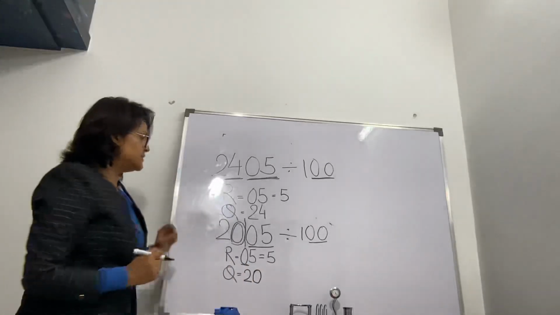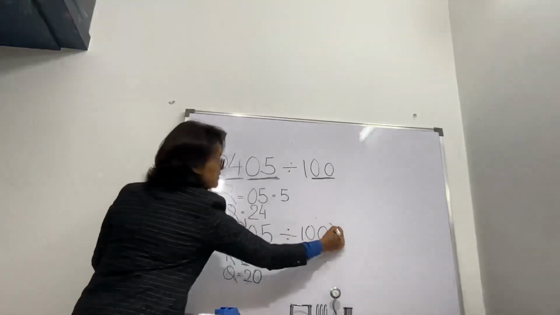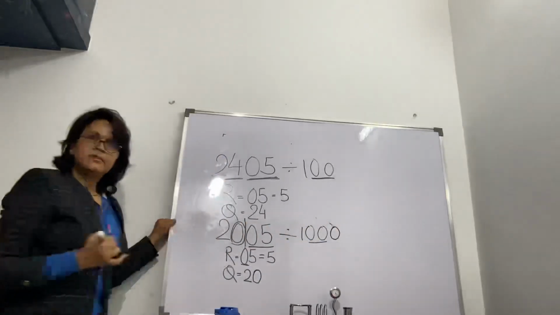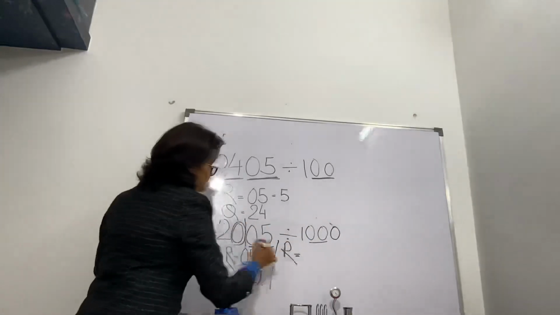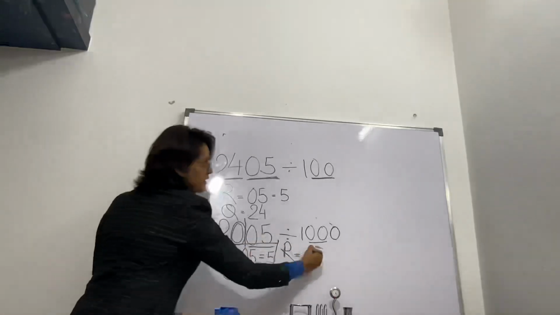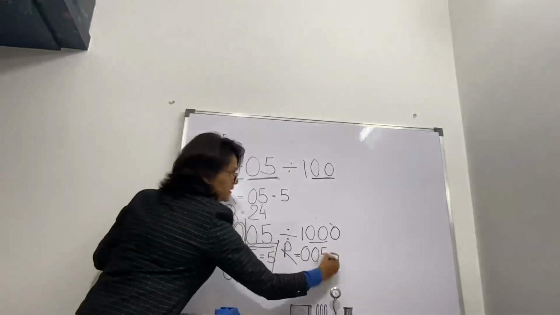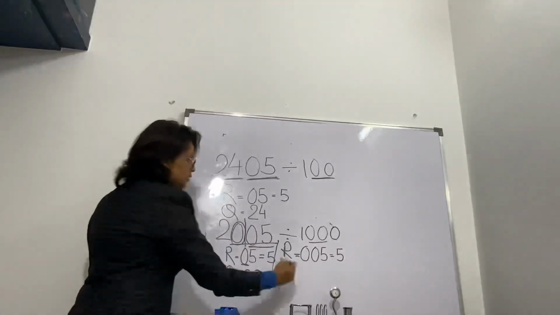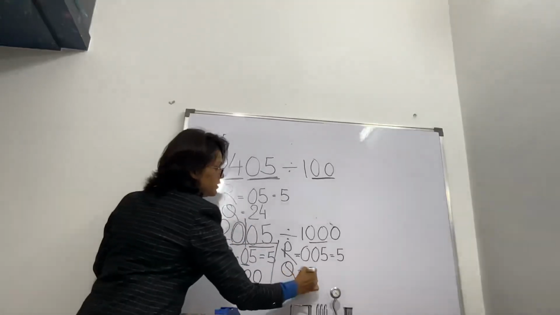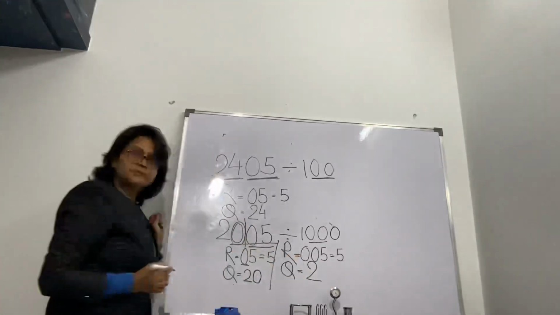The same applies if the same number is divided by 1000. Now the remainder will be 005, that again equals 5. And the quotient here will be just 2.